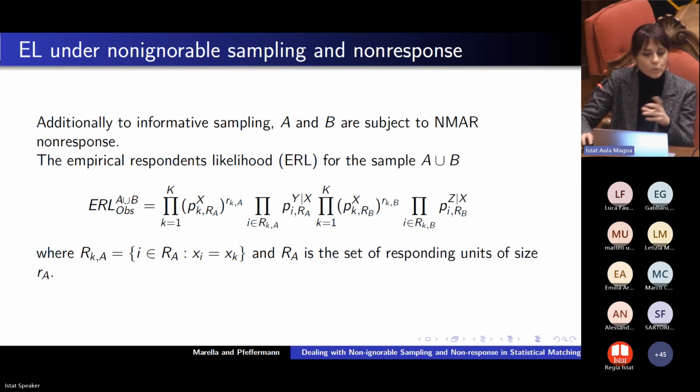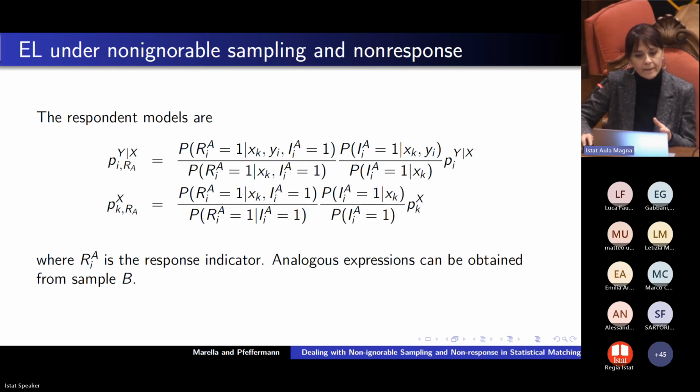The form is very similar to the sample likelihood, but the big difference is that the models appearing in it are the respondent models. For instance, for sample A, but an analogous expression can be obtained for sample B, the respondent model for y given x depends on the sample model and on the response probability. Then the respondent model is different from the sample model, and the sample model is different from the population model due to the informativeness of the sampling design.